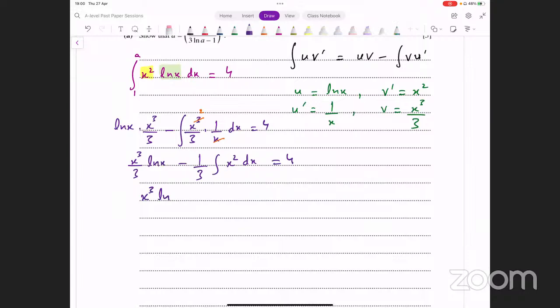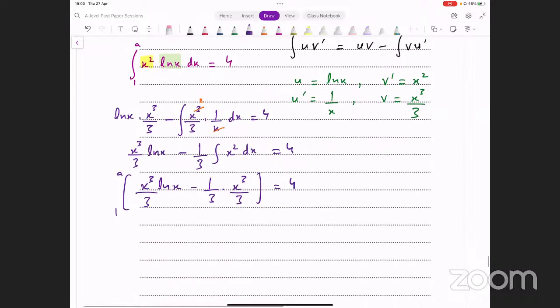So you have x cube over 3 into ln of x as the first term here. Subtract from that 1 over 3 into x cube over 3. This thing with limits 1 to a should equal 4. Okay, let's input the limits now.